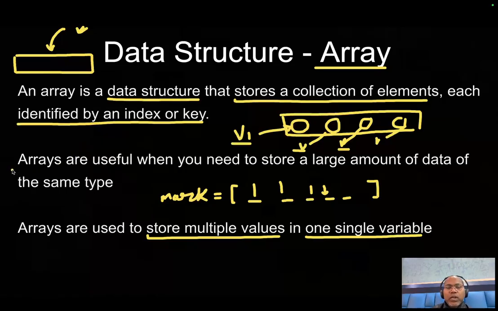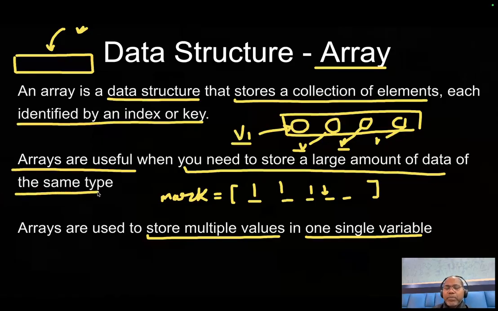Okay, so arrays are useful when you want to store a large amount of data of the same type. This is the first and most favorable way whenever you are going to store or manage data that are all the same type, maybe integer, maybe float, maybe string, maybe boolean, any kind.